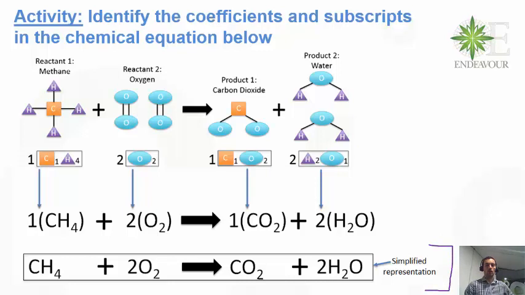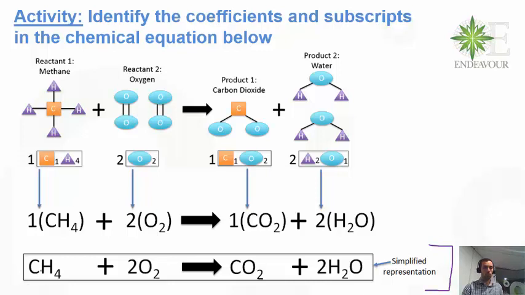Put a circle around each number and specify whether that number represents a coefficient or a subscript. It's probably also worth saying what a coefficient is and what it does, as well as a subscript. So basically a definition for coefficient and subscript, and which ones are actually coefficients and subscripts within our chemical equation down the bottom here. So now would be a great time to pause the video and have a go at this exercise.